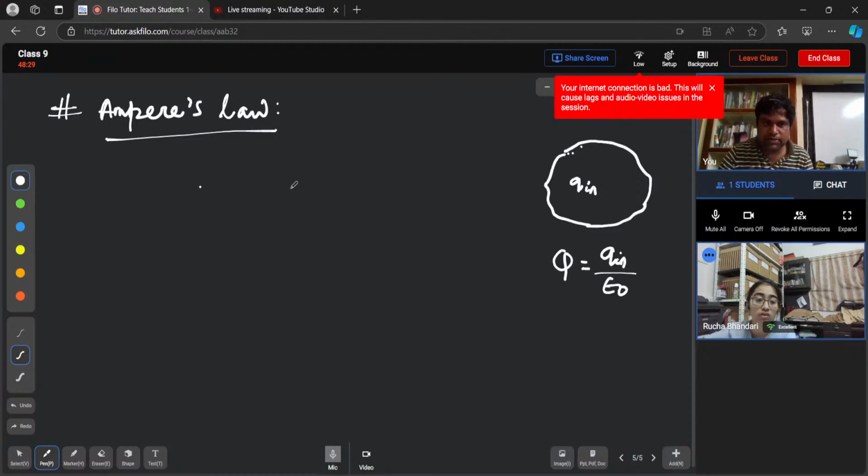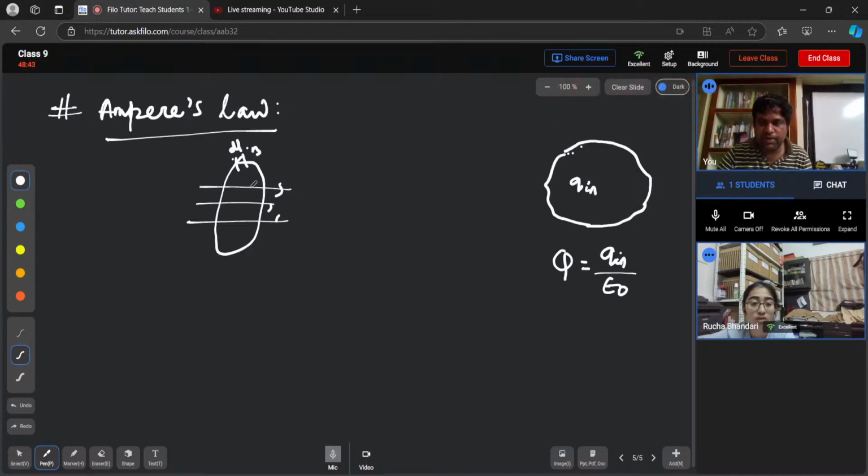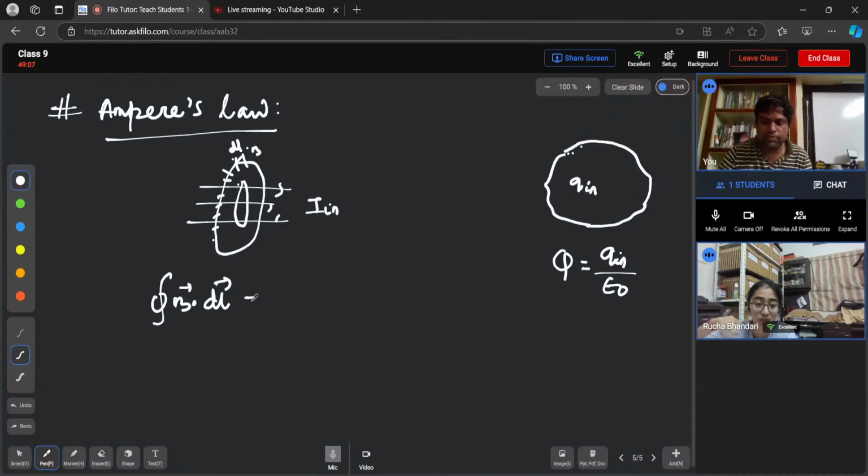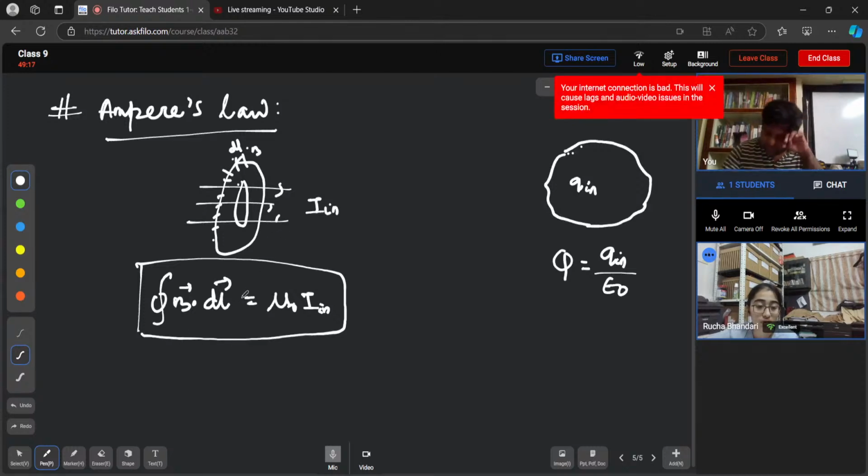Now Ampere's law tells us that if current lies inside a loop, then the line integral of the magnetic field B produced due to all the current inside, that is I inside, is given by: the closed loop integral of B dot dl equals mu naught times I inside.